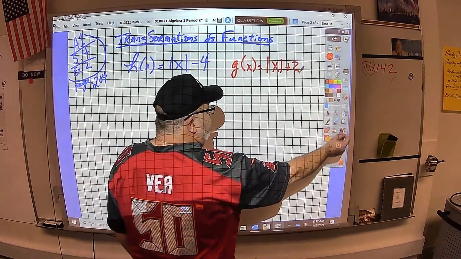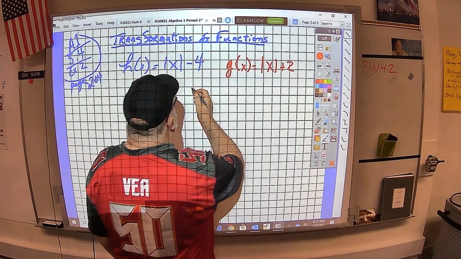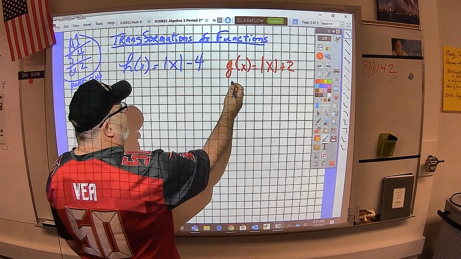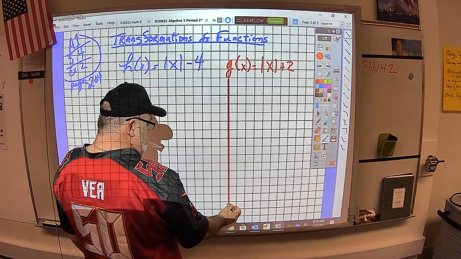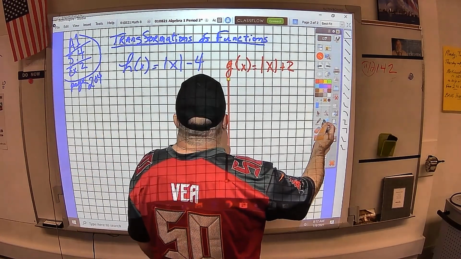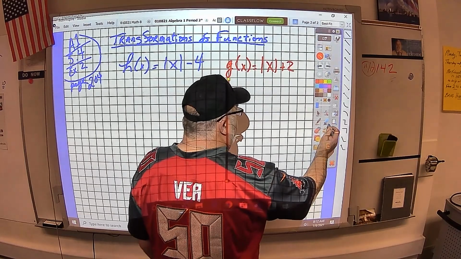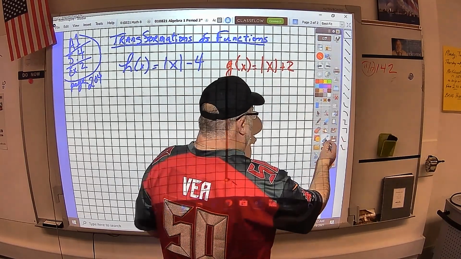So, let me give us a quick model of a coordinate plane, and I want to make sure I have enough of it. What I'm looking at is this -4 and this +2.